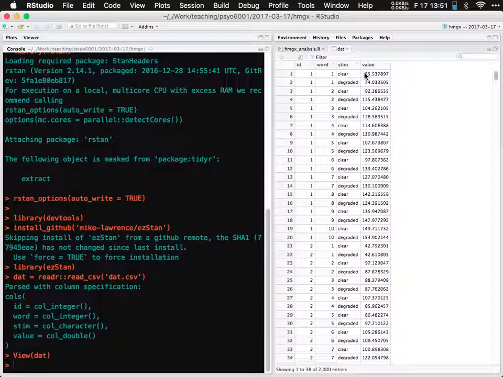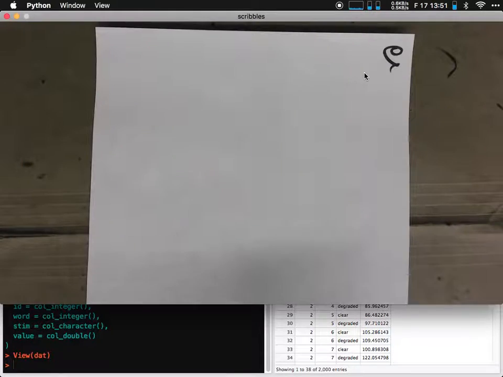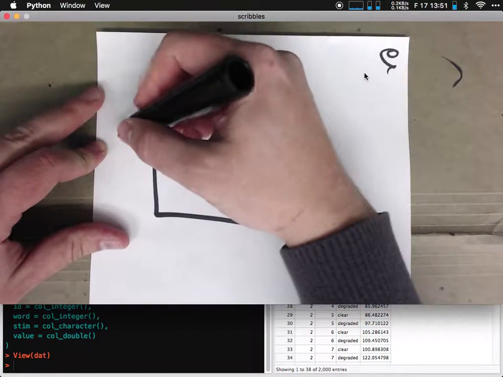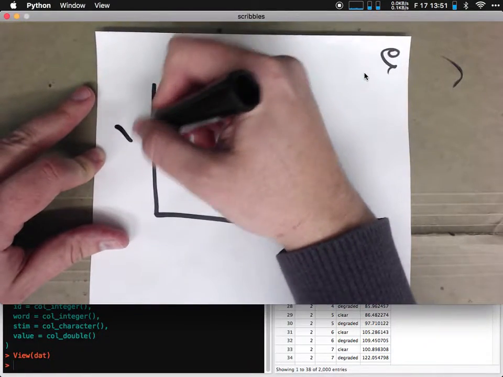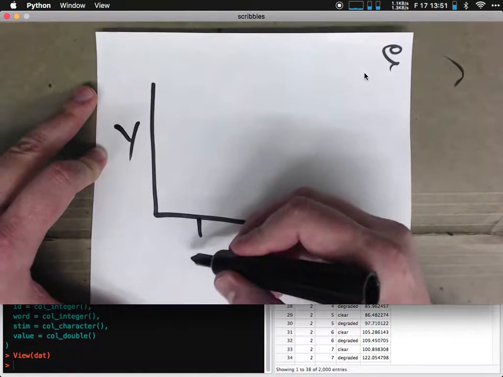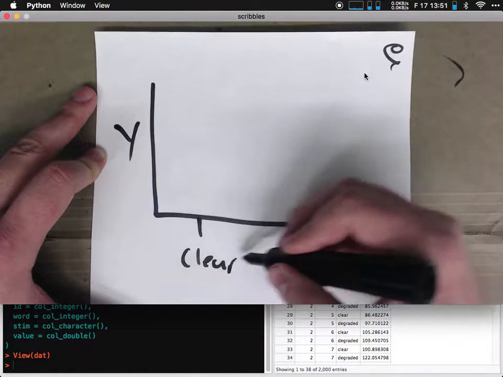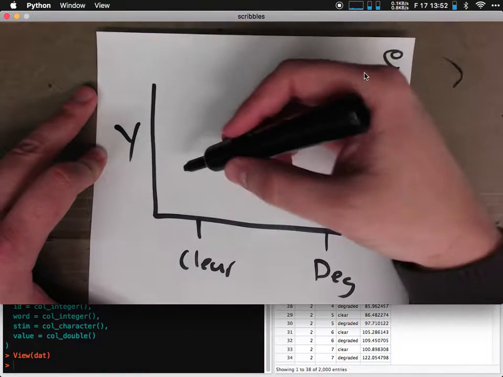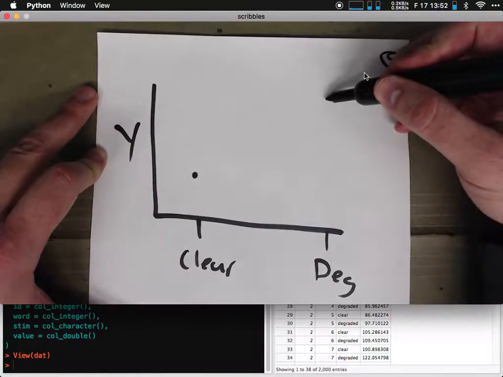And I'll maybe start drawing. So for a given person, we might have our outcome, whatever it is, y, and clear and degraded. And we might compute the mean in clear and the mean in degraded.